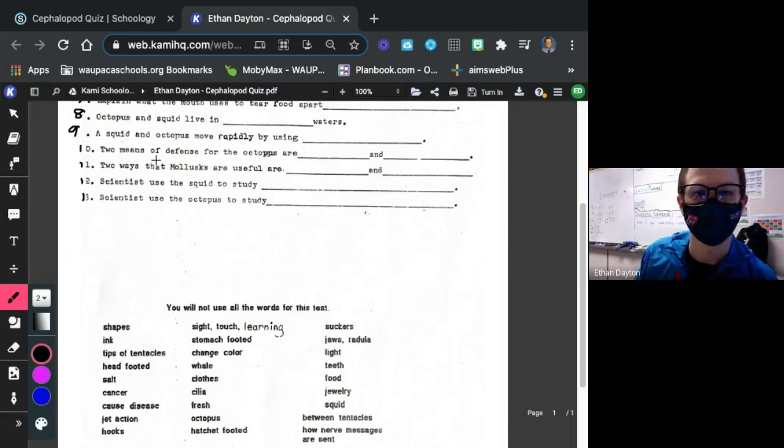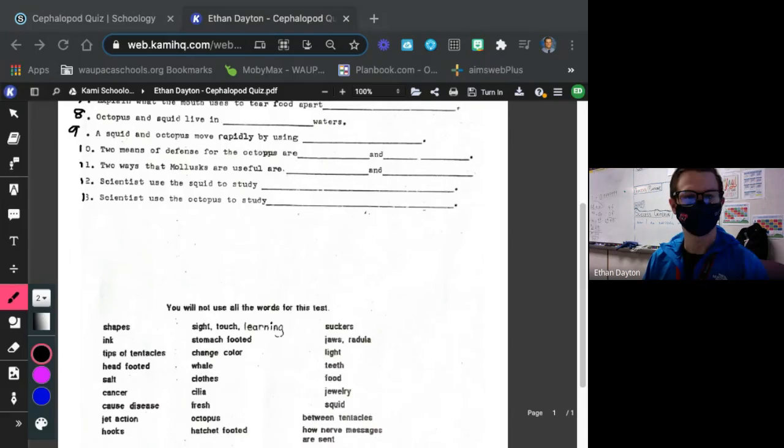What are 2 ways that it can defend itself or get out of a sticky situation?